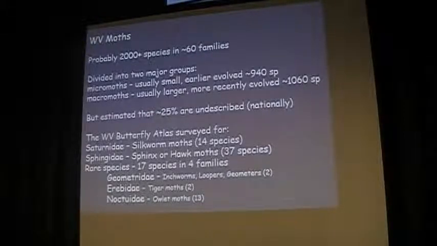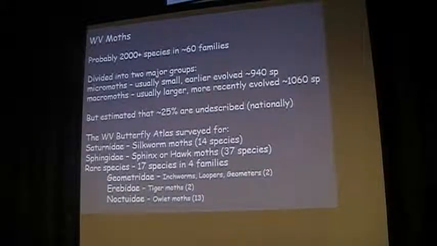But other states like Kentucky and Ohio and a few other neighboring states estimate they probably have about 2,000. So we'll go with their number. It's still an active area of research to describe moths. New moths are being described in North America every year. It's a very active area of research.